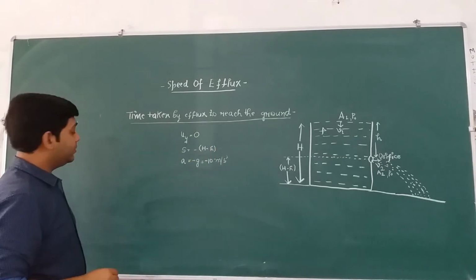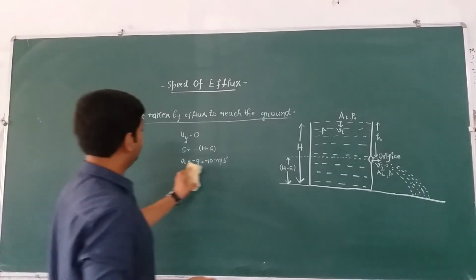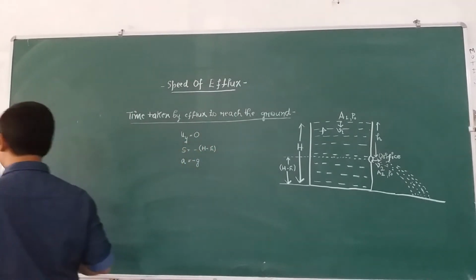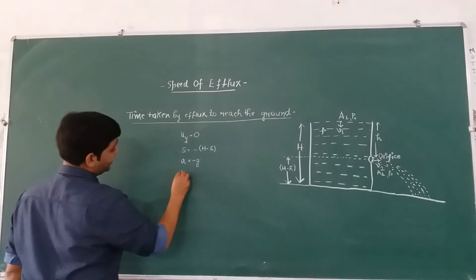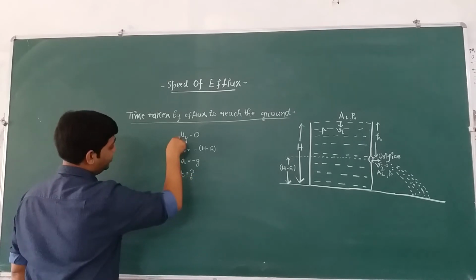Let us calculate it in terms of g only. a is equal to minus g, and we are interested in calculating the time. So we have s, u, a, t.